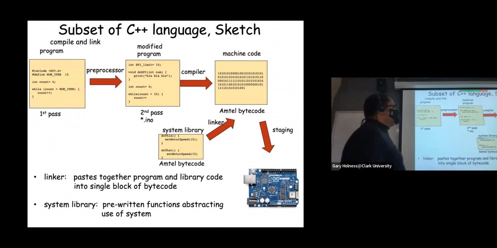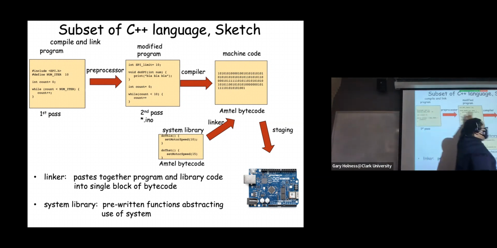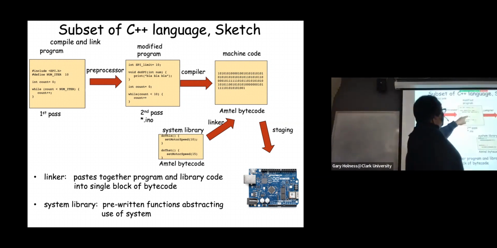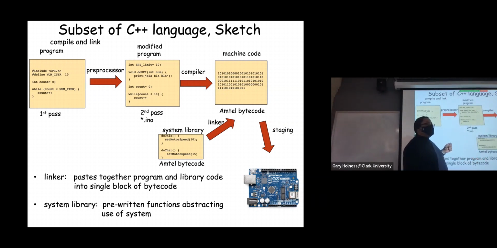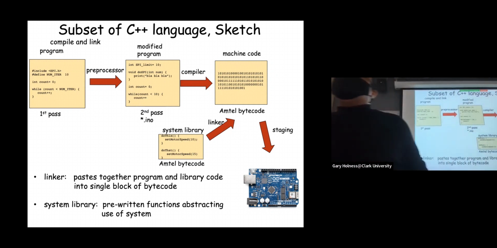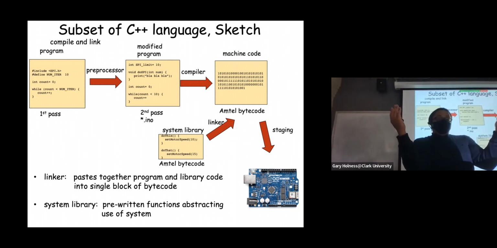Well, that's where the linking comes in. You have code that you've written through this top pass. You have the preprocessing, you have the compilation, and that produces byte code. But that's byte code for the things you have written. That's not byte code or ones and zeros for the machine understandable translation of the system libraries. And so one of the things you're going to load is the system library, and it's the job of a piece of software called the linker to take the byte code for the system library, take the byte code from what you've written, and glue them together, literally, right?